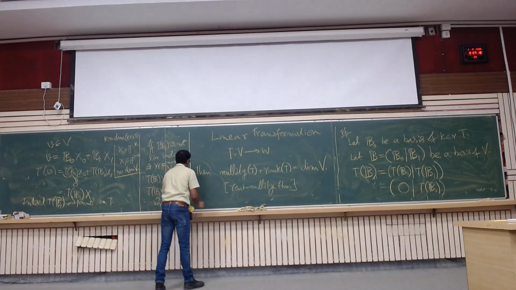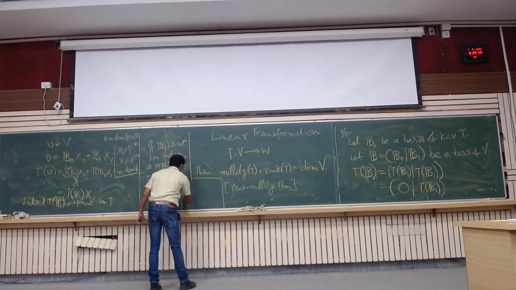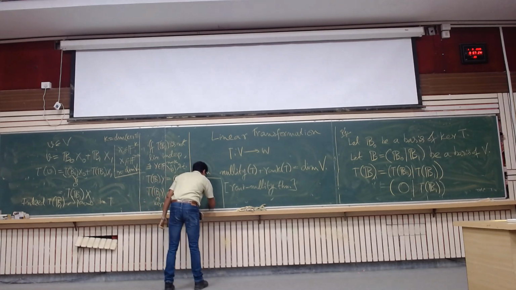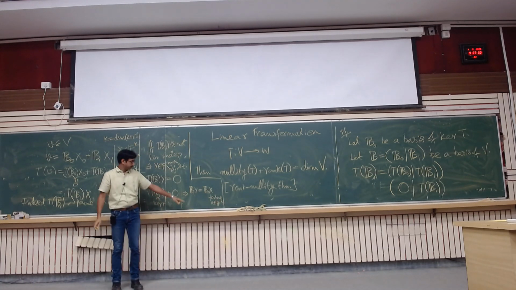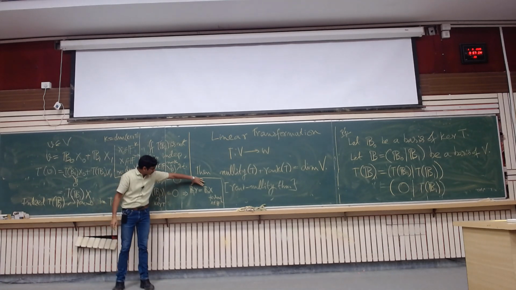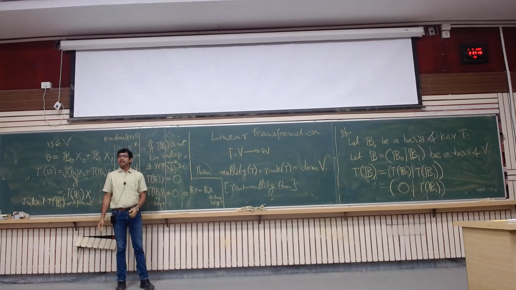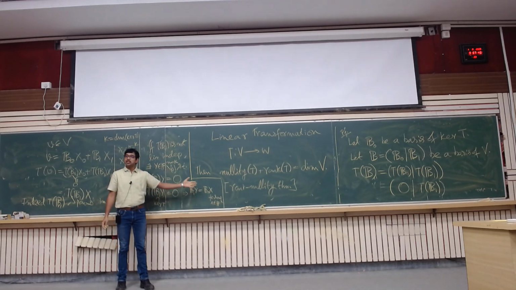So that means B1 y is equal to B0 x for some x in F^k, right? And what does that mean? B1 and B0 together were forming the basis of V, right? So this just means that you are getting a linear combination of the basis vectors which is equal to 0.